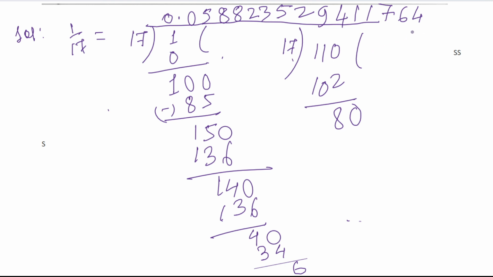Again 17, how many times will it go? 4 times again. This is 68. 12, 0 free. Okay, 7 times. 7 17s are 119.